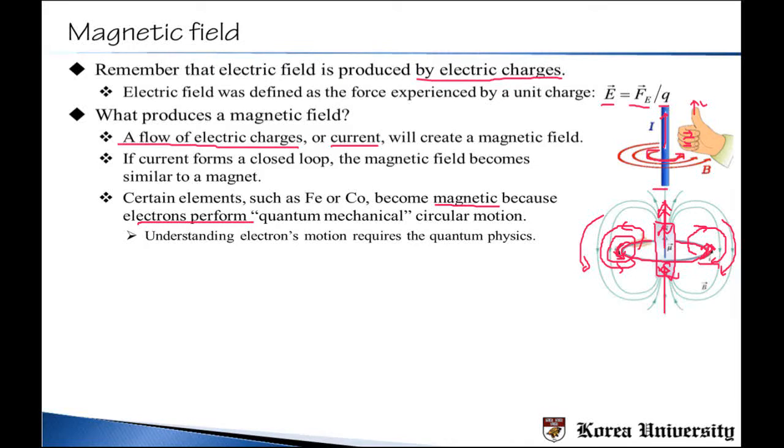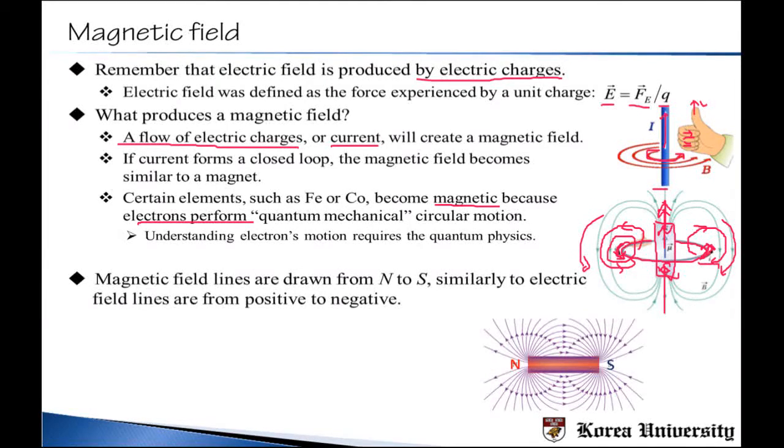Therefore, we will not study this in detail because it's a little too difficult for us. But try to remember, as common sense, that the magnetism of any bar magnet actually comes from the electrons acting like current. And then we also studied the magnetic field lines.